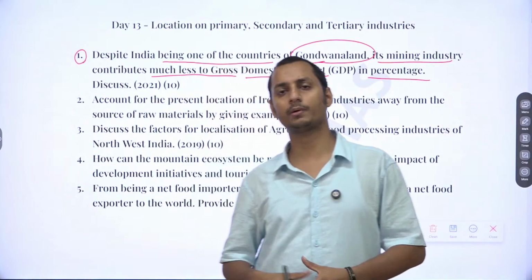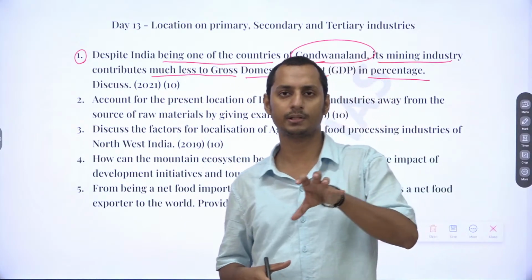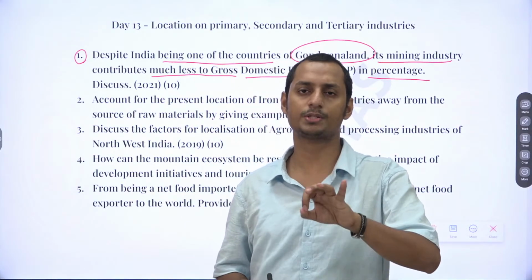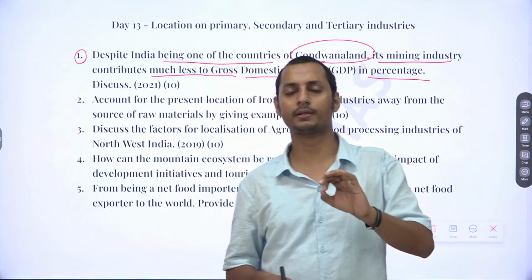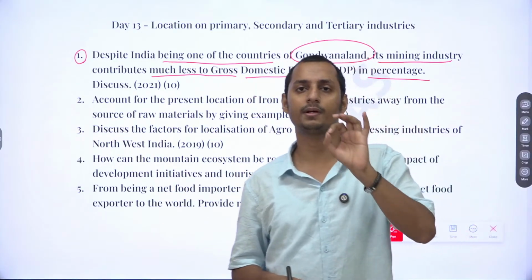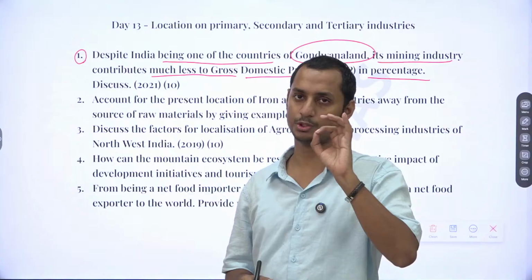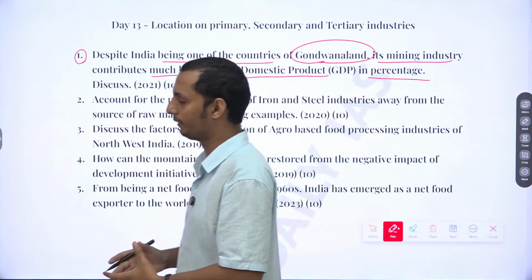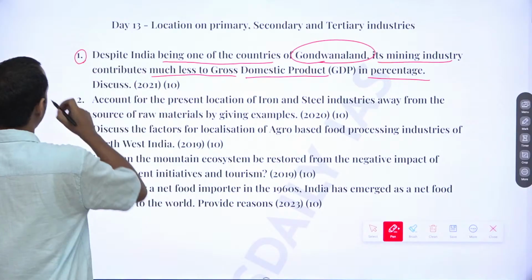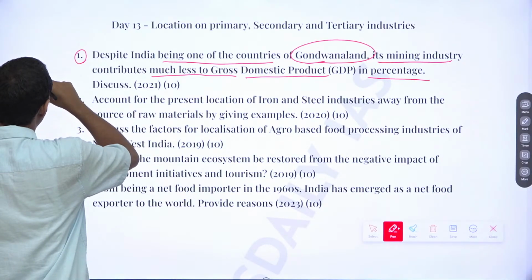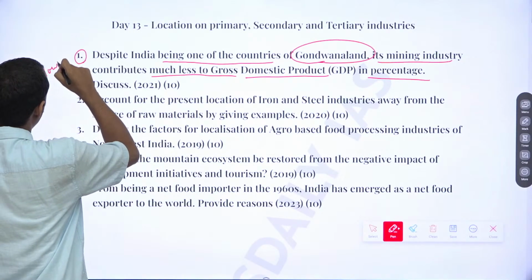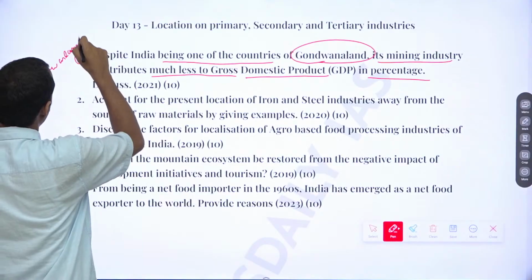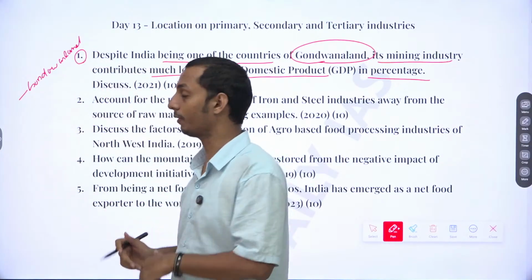In the introduction, you can write that India lies in the Gondwana land. Also, you must bring a fact saying that India's mining sector contributes very less to the GDP when compared to other countries. Let's see. So what do you introduce? You must mention that India comes under the Gondwana land.